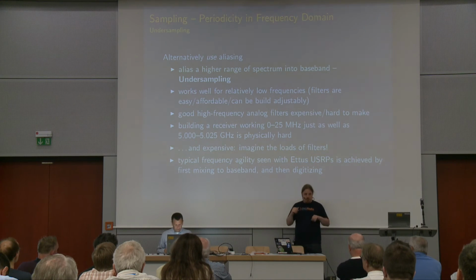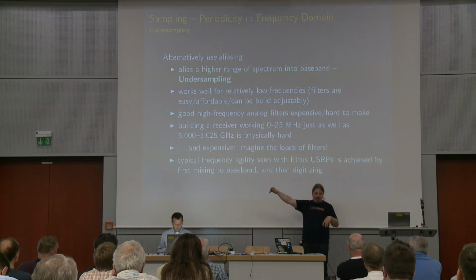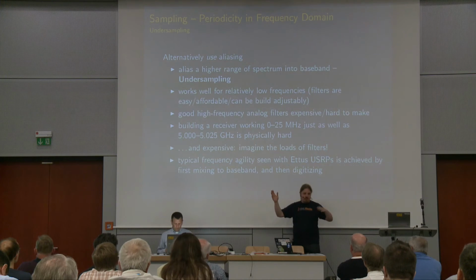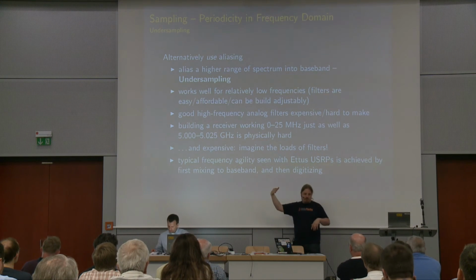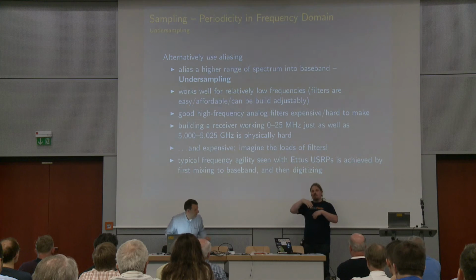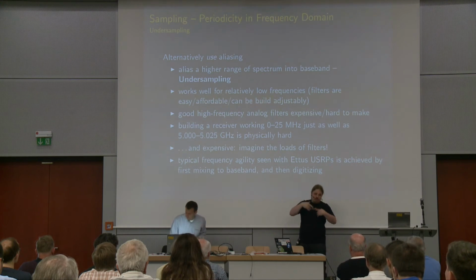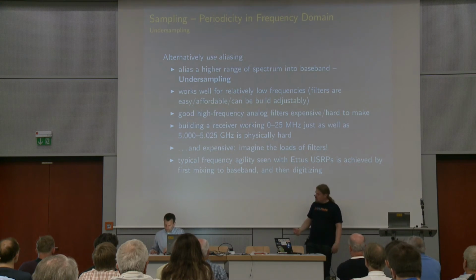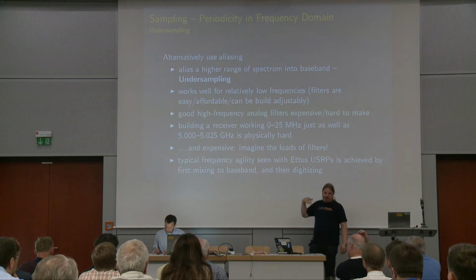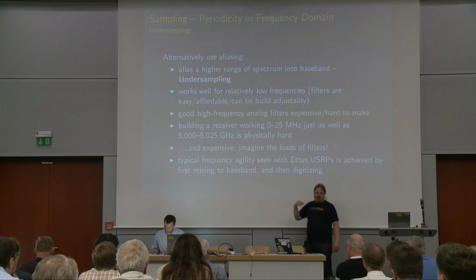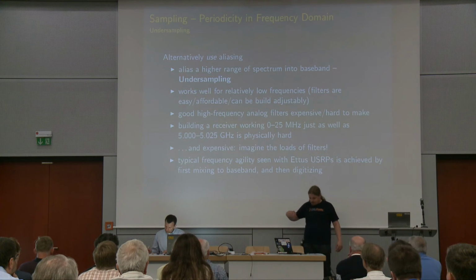We want to see something at 21 megahertz. So we just filter out everything below 20 megahertz, and our 21 megahertz frequency would end up at 21 minus 2 times 10, so at 1 megahertz. This is really nice, because with this technique called undersampling, we can analyze signals that are faster than our ADC actually works.